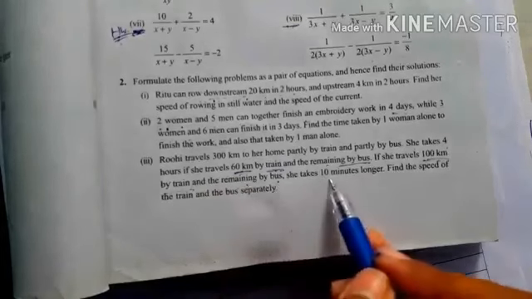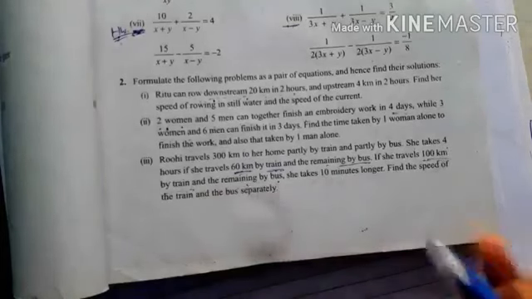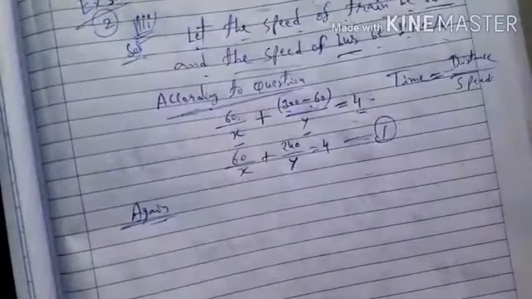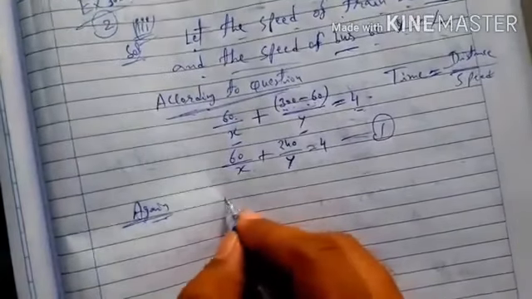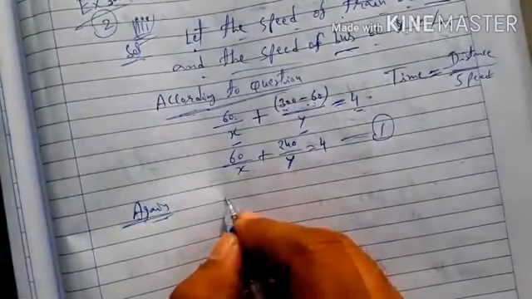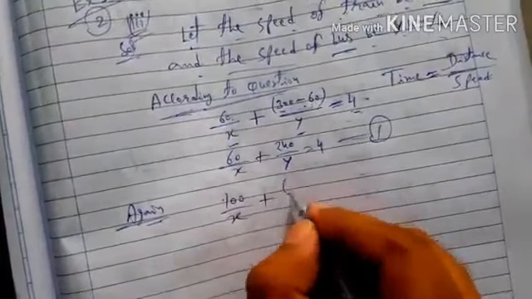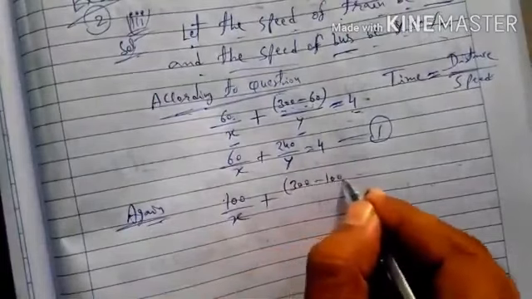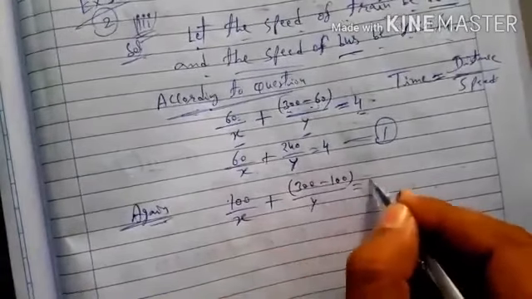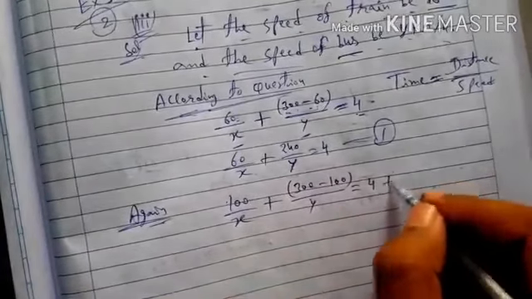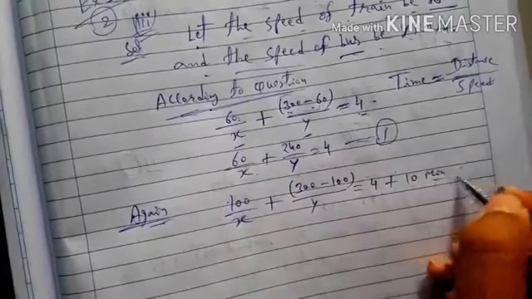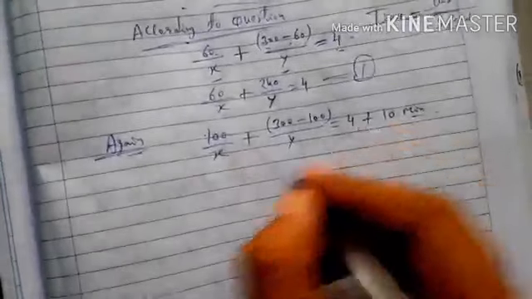And the total is 10 minutes longer, so 4 hours plus 10 minutes. So 100 by x plus (300 minus 100) by y equals 4 hours and 10 minutes.